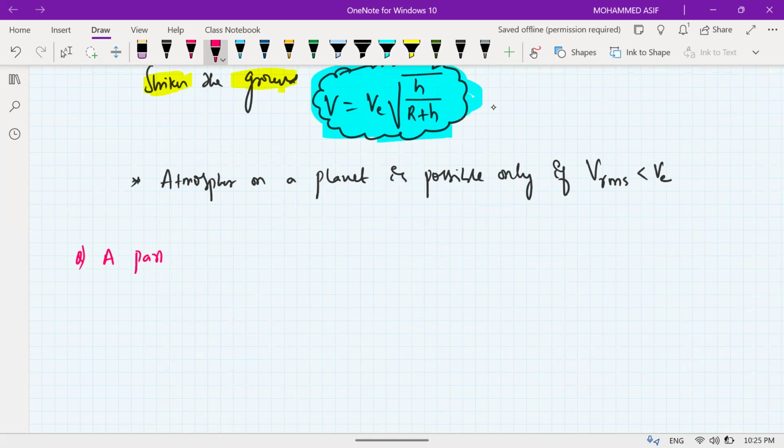A particle is fired with a speed of 20 kilometer per hour.